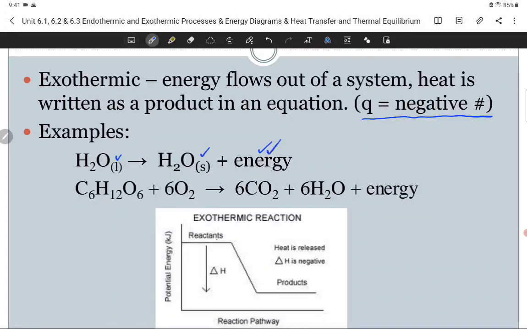Now, that's not the only thing that's in your refrigerator freezer, but that appliance is sucking energy out of those systems. In this case, the H2O liquid going to H2O solid, and it's transferring that to the surroundings. And the surroundings, where you're going to experience that, is in the back of your refrigerator freezer. There's coils back there. You may or may not be able to see them, but they allow that heat to dissipate out back there.